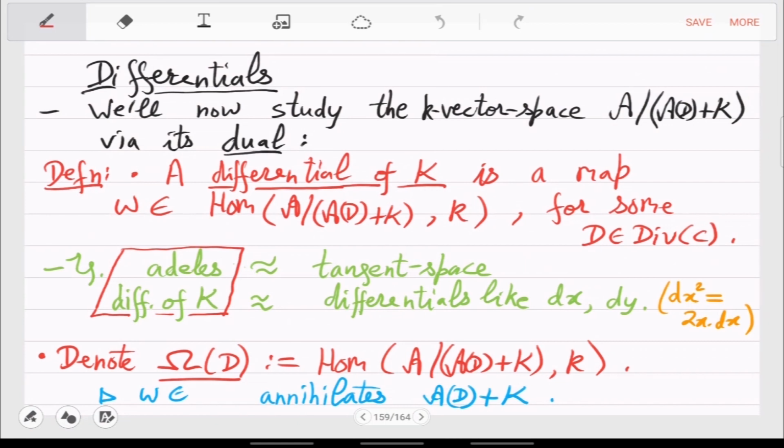This hom is actually not a matrix, sorry, it's a vector. You are taking a vector inner product with the adele to get a constant. So you are looking at vectors over adeles. So adeles were bad enough. Now you are looking at vectors over adeles, which is even worse. Yeah, so right now it's not clear how you will make this into an algorithm.